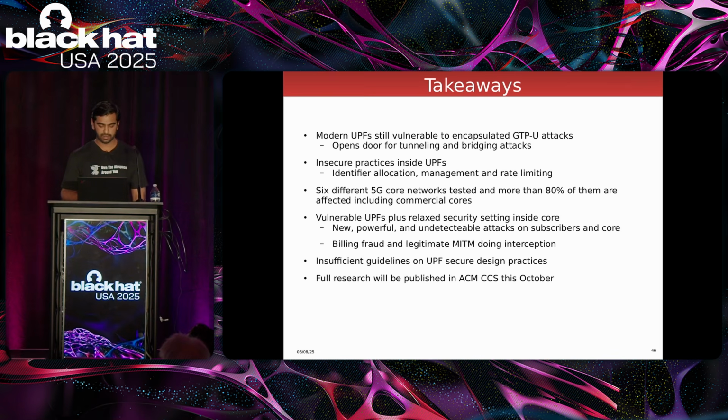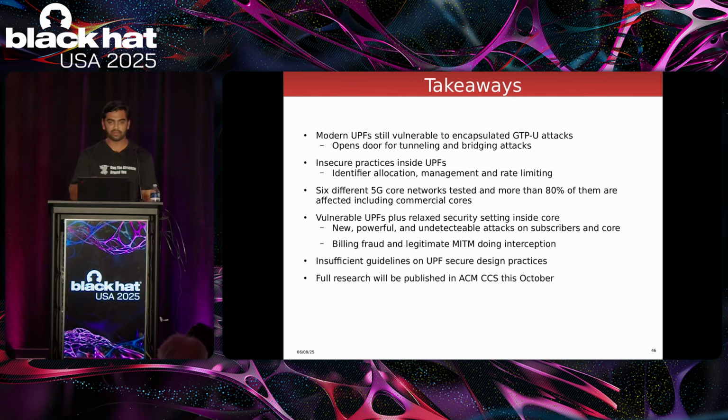I think that's the worst thing that anyone would want to have, right? Then there are also insufficient guidelines on UPF design practices that I saw, because there is only the statement that you have to just eliminate encapsulated packets. That's the only statement you see.